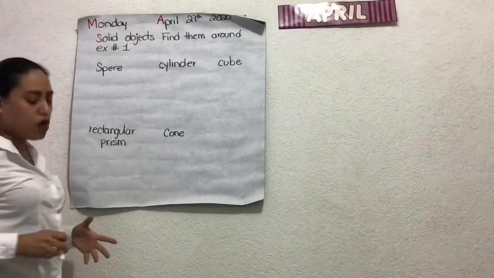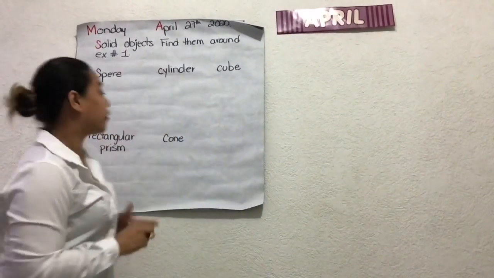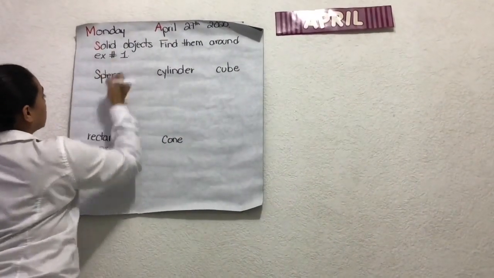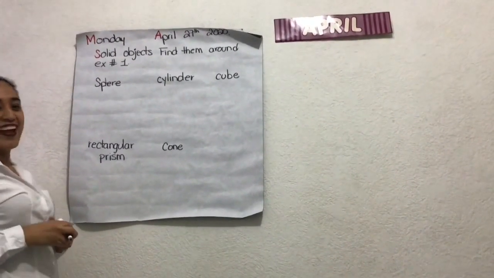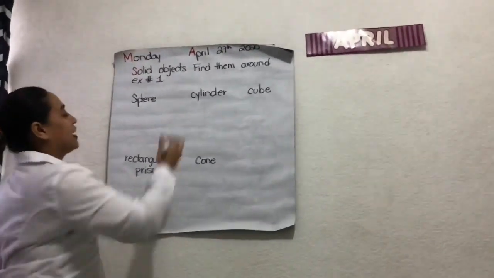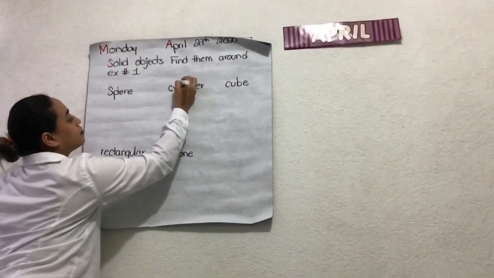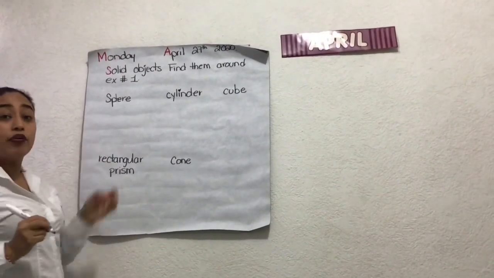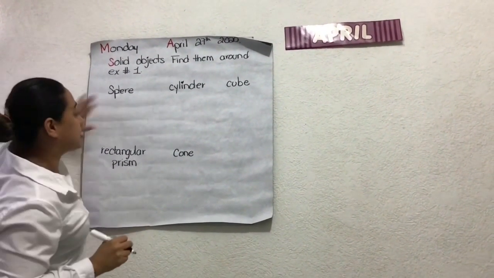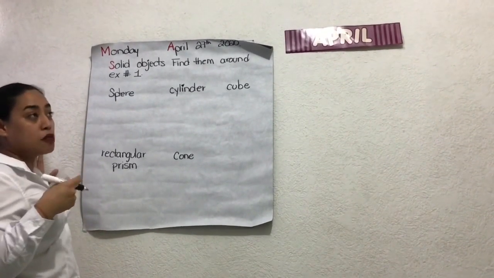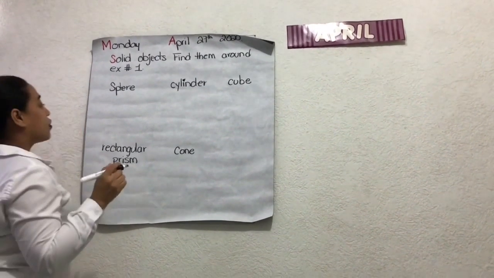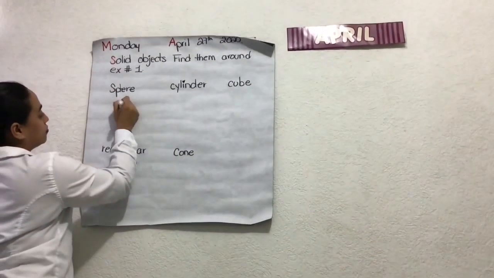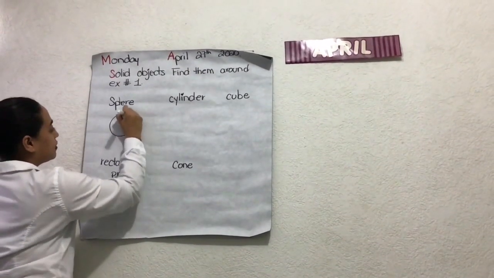Okay, Miss Monse. Oh, wait a minute, I forgot a letter. Sphere. All right, guys, so what we're going to do here is I'm going to draw an object that contains a sphere. For me, an object that contains a sphere is going to be the planets.